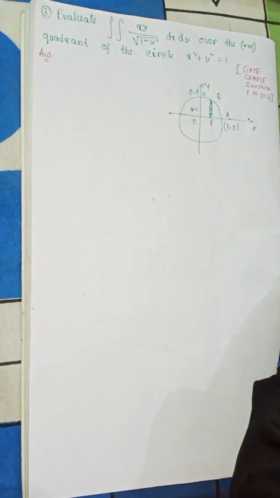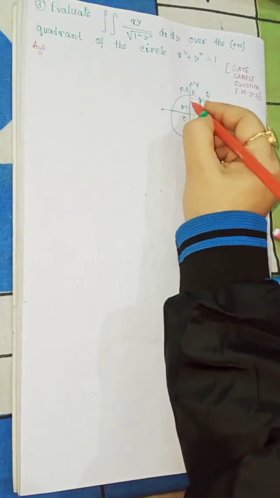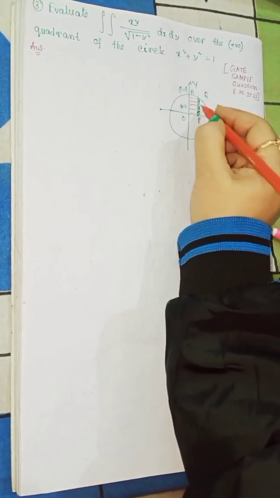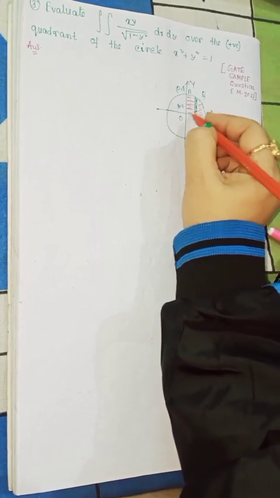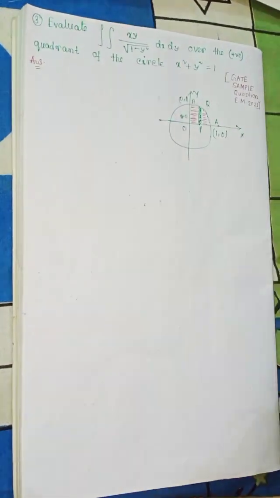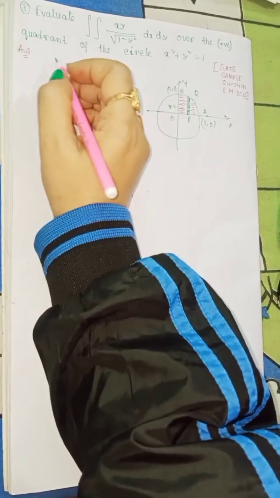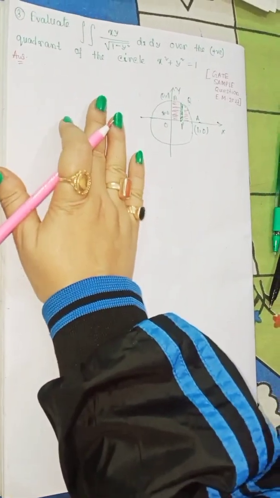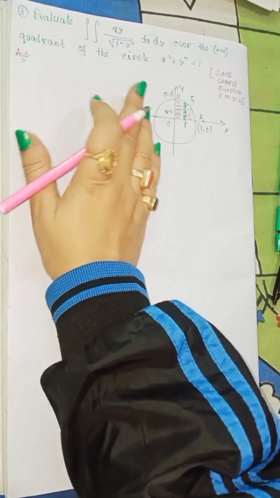So now move on to the question. This is the area bounded by the curve. So now let us integrate first with respect to y and then with respect to x.